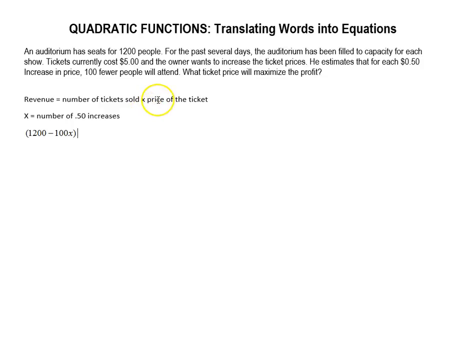So now what am I going to do about translating the price of my ticket? Well, let's see. I know that I have $5, right? And if I increase it by 50 cents, it should be 5 plus 0.50x, right? Because it's $5 plus whatever increase I'm going to put in there.